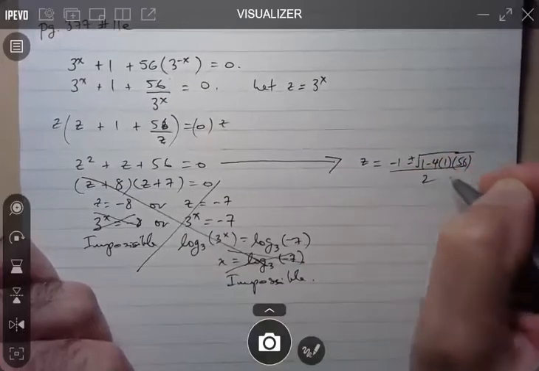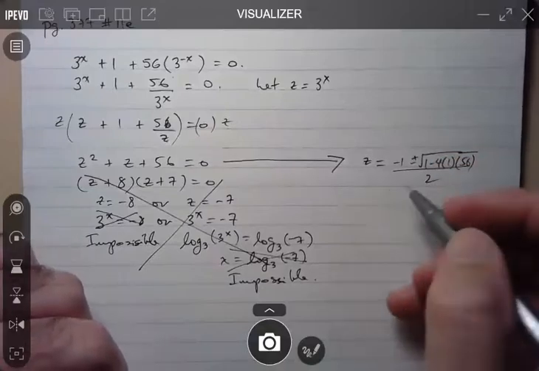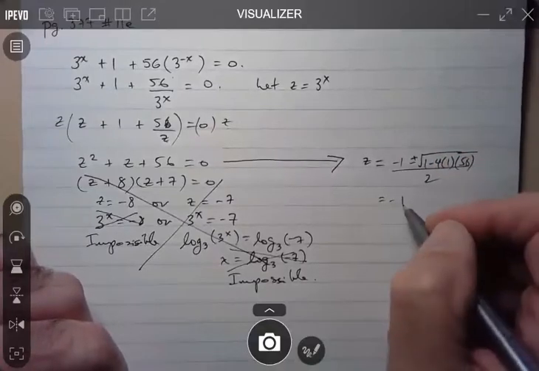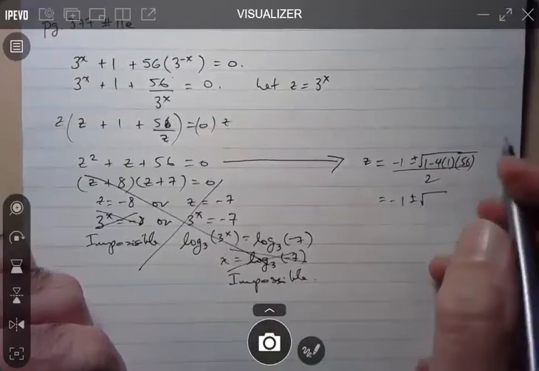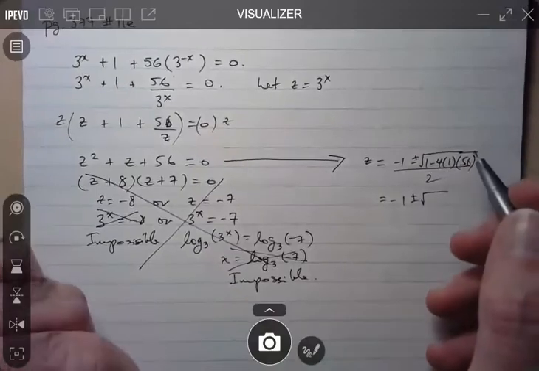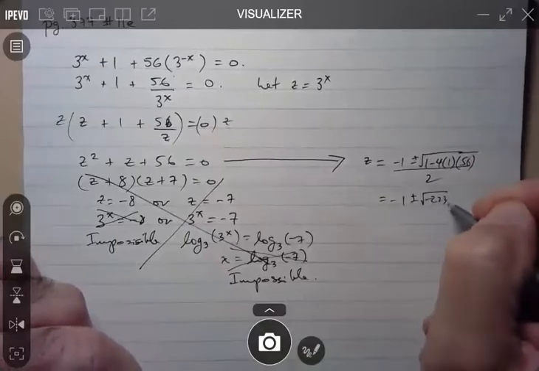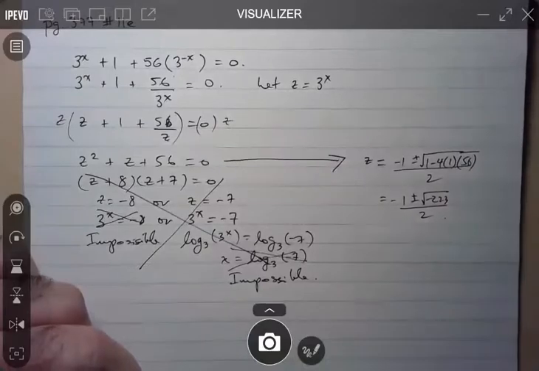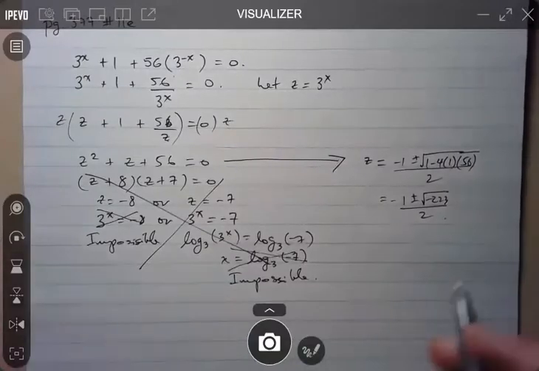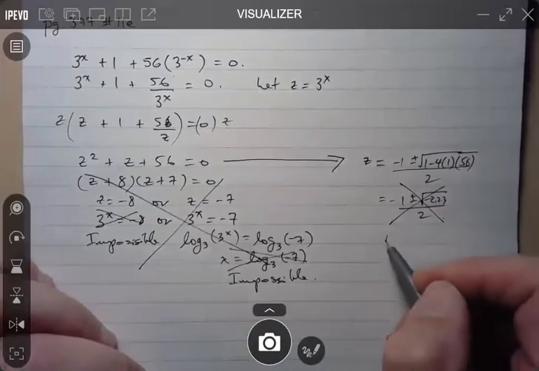And it looks like in this case here, please tell me if I'm making a mistake, it looks like I'm still going to have some negative in the square root. So whatever this is, 200. What is this? 224. 1 minus 224 is -223 over 2, which looks like is going to give me the same problem of no solution.